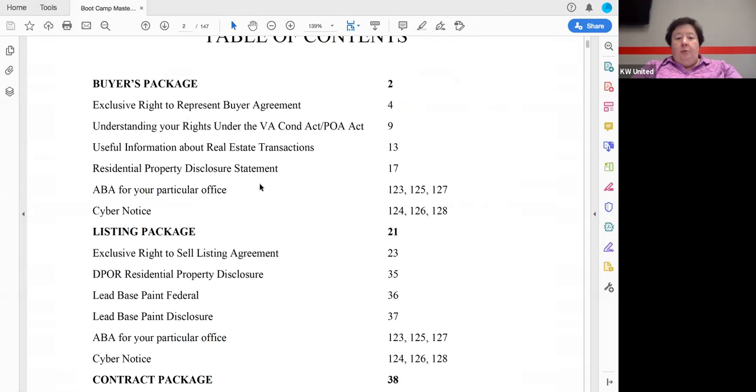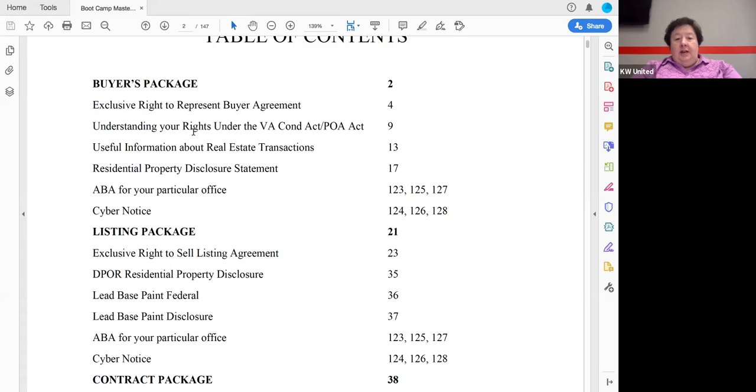So in your book, as you can see, they're not in numerical order here because they're used in several areas. For example, the affiliated business, they call it an ABA, but it's affiliated business disclosure. And then the cyber notices are used in several areas, so they're in the miscellaneous group below.